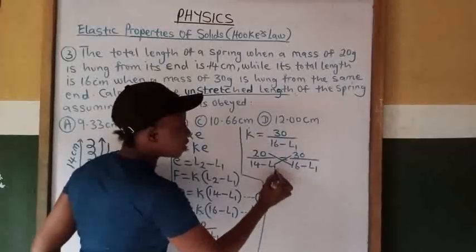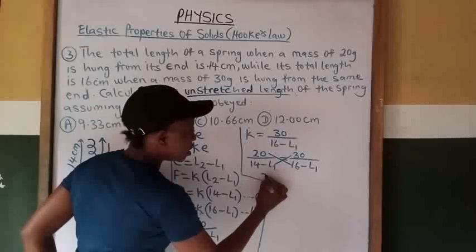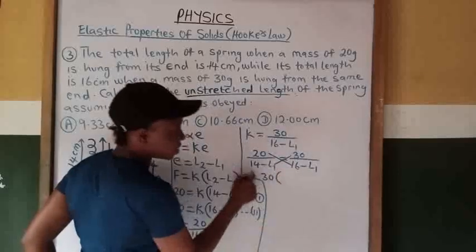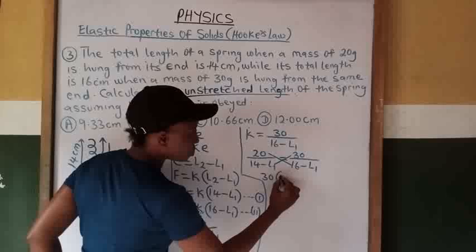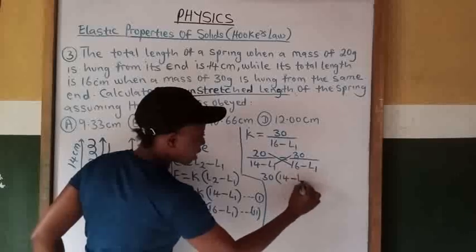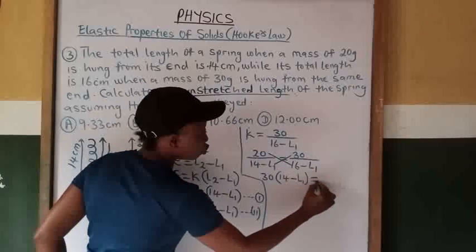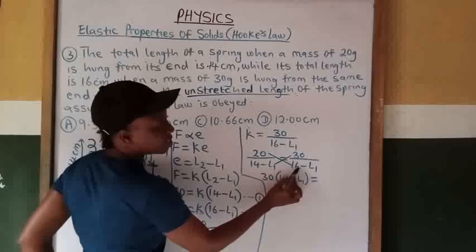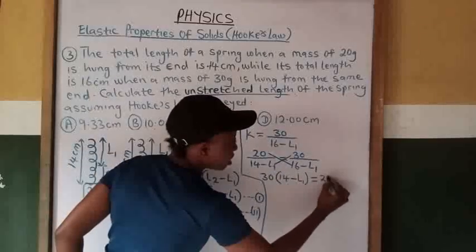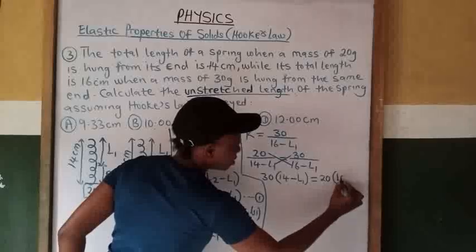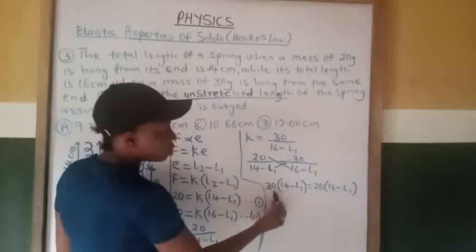By the time we cross multiply, we are going to have 30 into bracket 14 − L1 equal to 20 multiplied by (16 − L1).